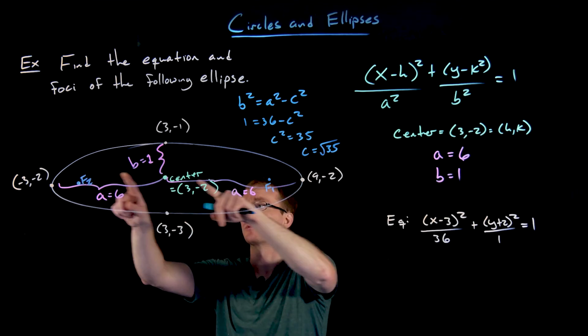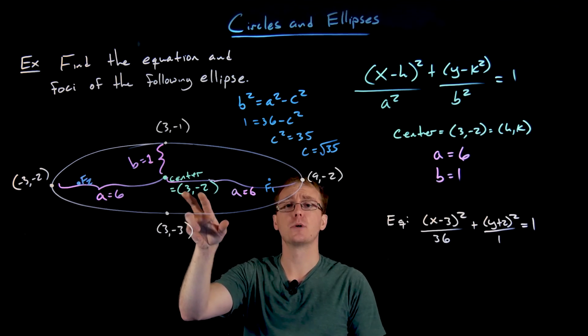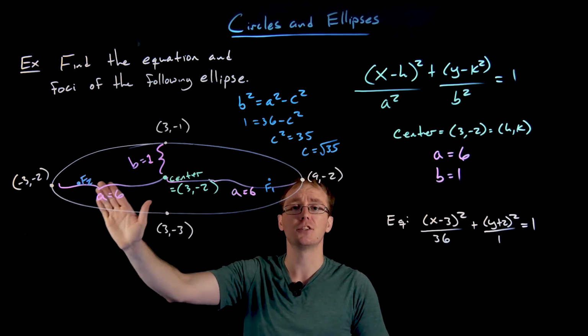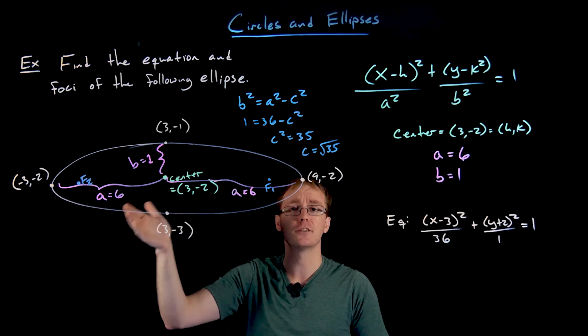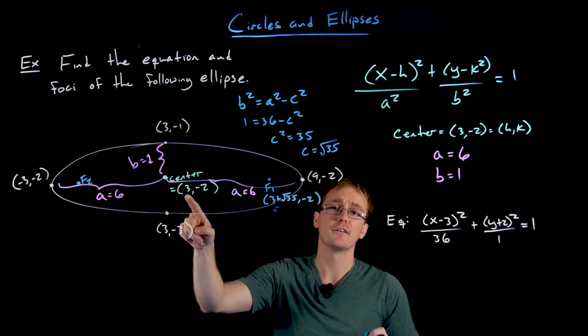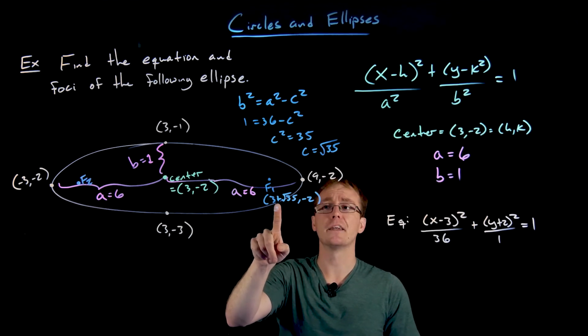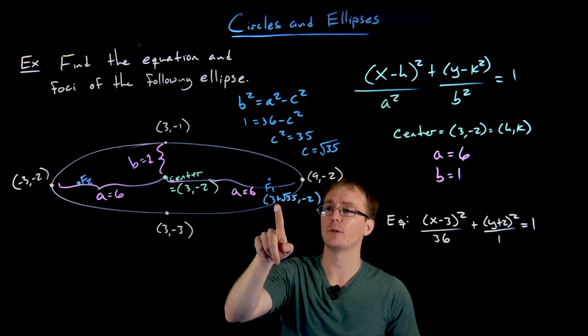Our major axis was horizontal. Our center point was at (3, -2). So we have to move horizontally c units away from the center in either direction to end up at our foci. And so if we move the square root of 35, or just under 6 units, to the right of our center point, we end up at our first focal point that I'm labeling F1.